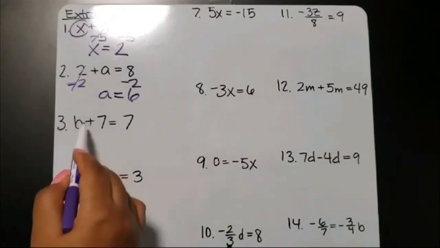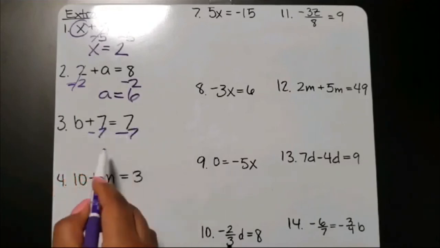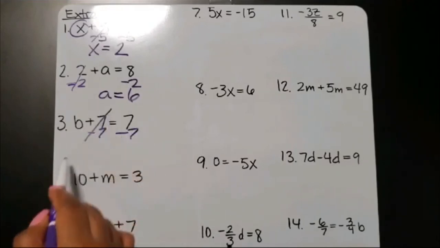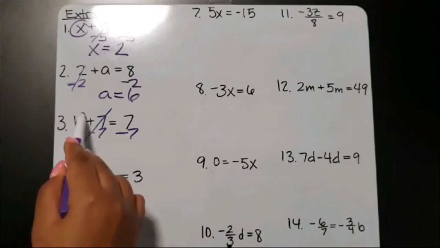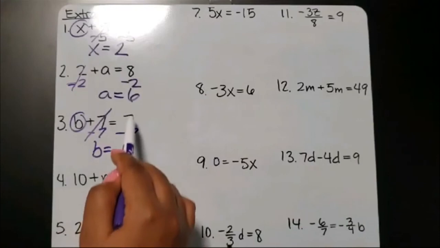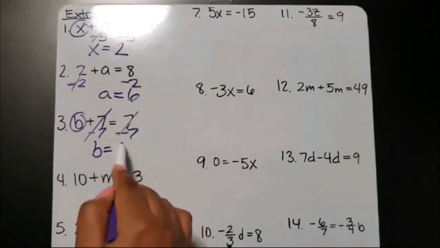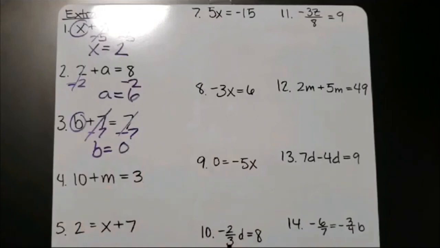For number 3, we have this plus 7, so we need to subtract 7. 7 minus 7 is 0, so we're left with the b on the left side, which is what we want. And 7 minus 7 is also 0. So the answer is b equals 0.